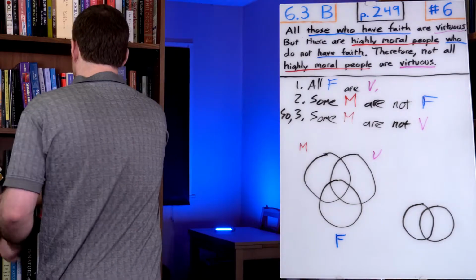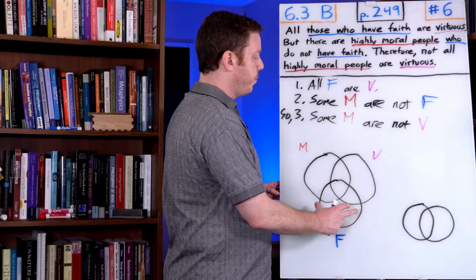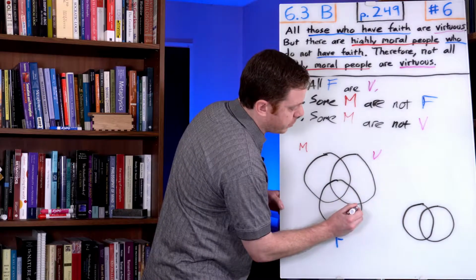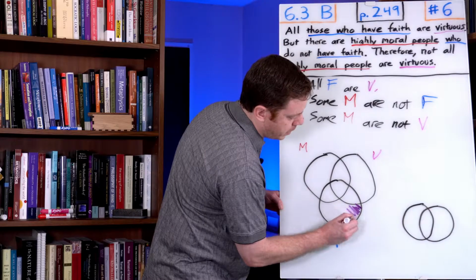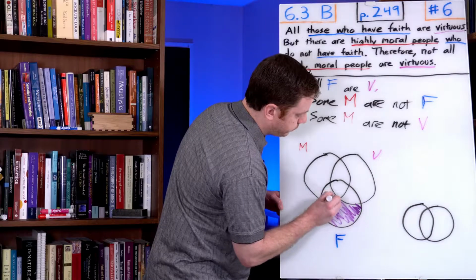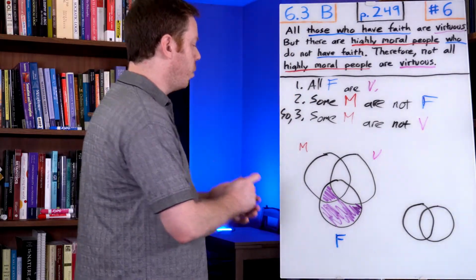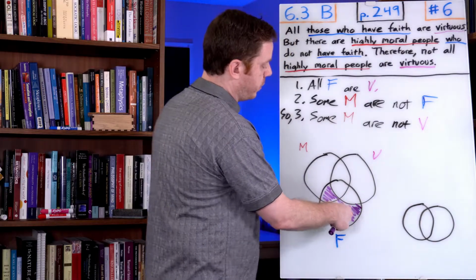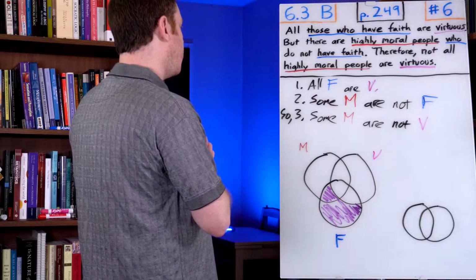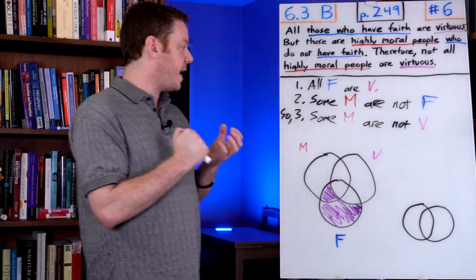So that means that all the things in the F circle have to be in the V circle. All this outside the V circle, that means is empty, right? So we're going to shade that in to show that it's empty. So anything in the F circle has to be in the V circle, because all the stuff not in the V circle, that's empty.